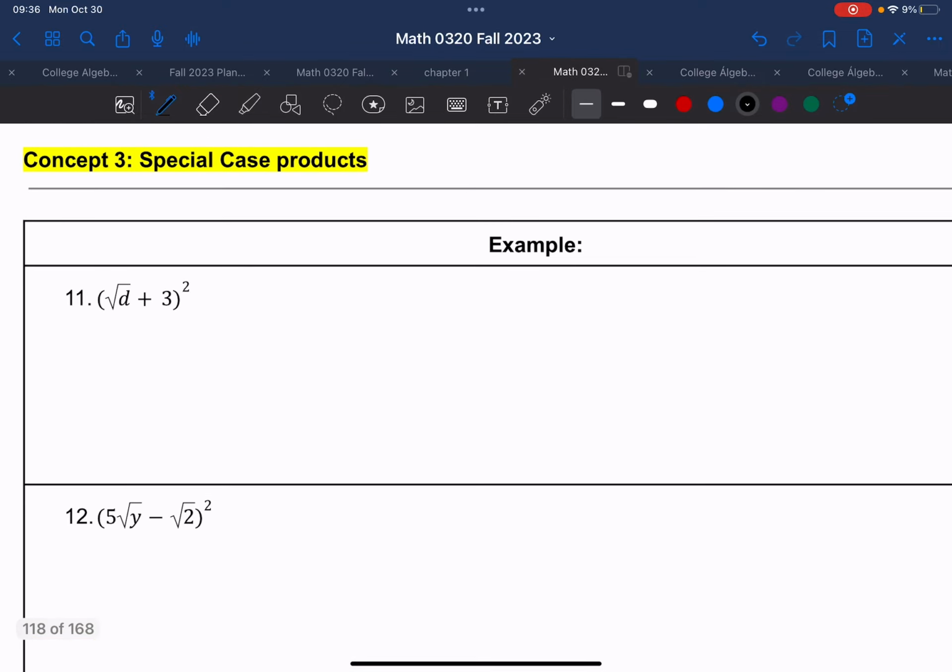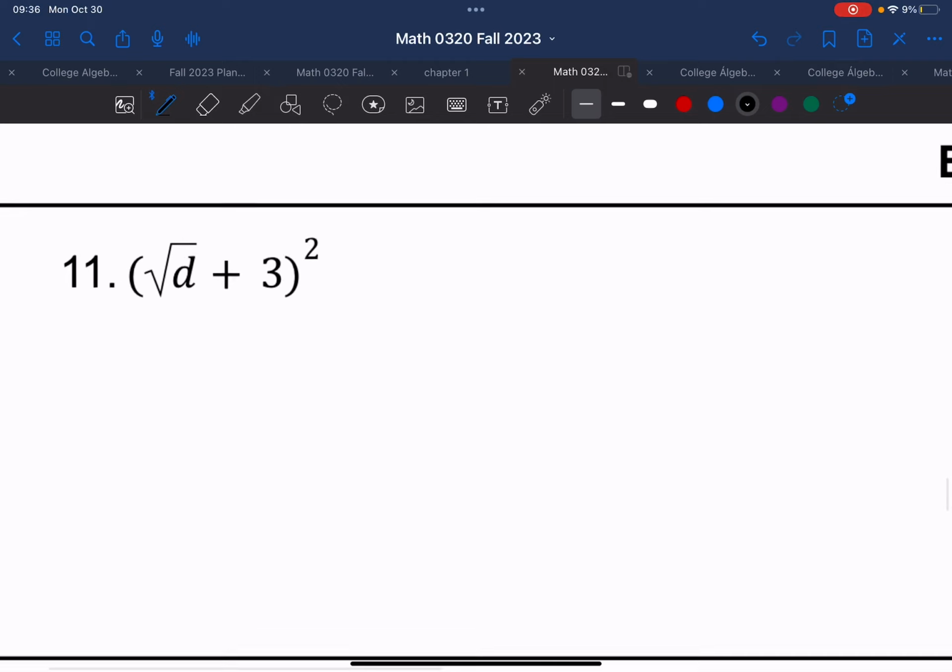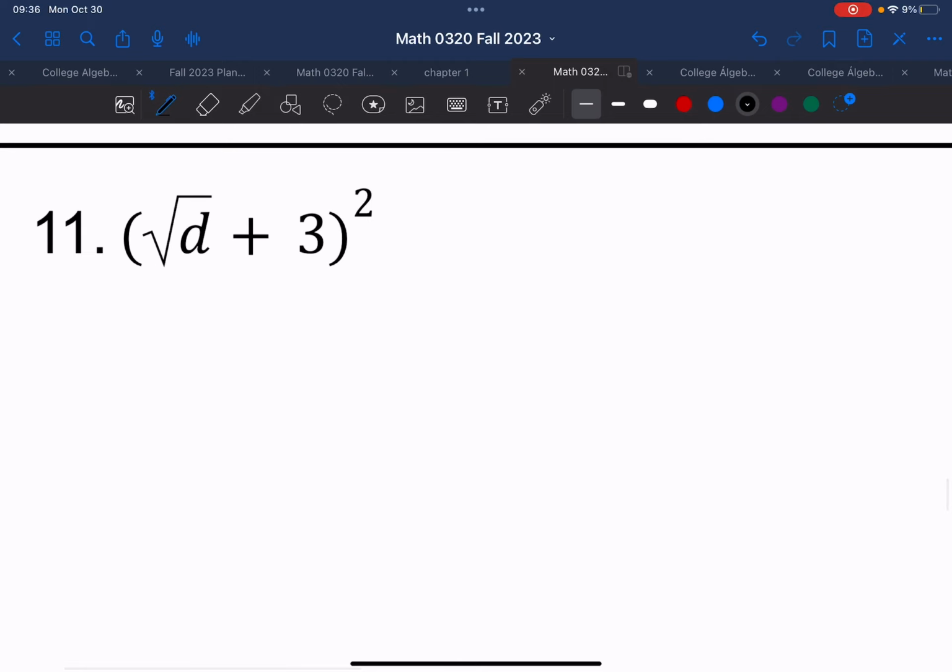Next concept is special cases. So for special cases, for example, this first one, square root of d plus 3 squared, we can't automatically cancel these out. Because instead of this term being a multiply or a divide, it's an add or subtract.